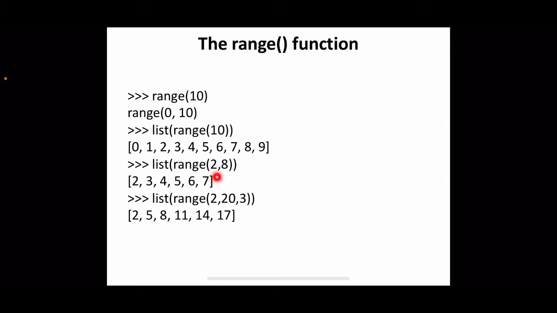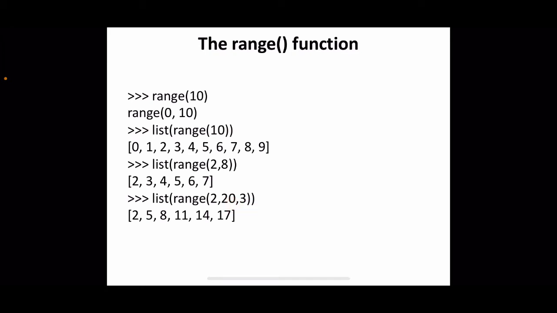And here we are giving 2 different arguments. Range 2, 8 means the starting value is 2 and the stopping value is 8, that means upper bound plus 1 is 8. In that case, the list will be generated with the values 2, 3, 4, 5, 6, 7. And if we give 3 different arguments, 2, 20, 3: 2 is the starting value, 20 is the upper bound and 3 is the step size.